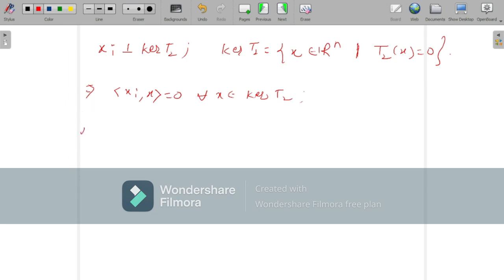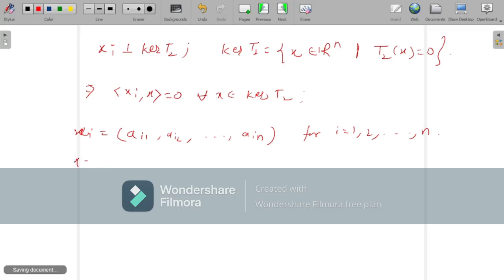Now, let's take the basis vector xi as ai1, ai2 and so on, ain, for i equal to 1, 2 up to n. See, these xi are basis vectors, so these vectors are linearly independent.